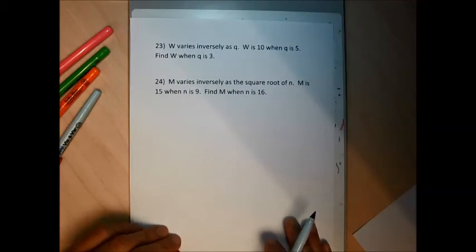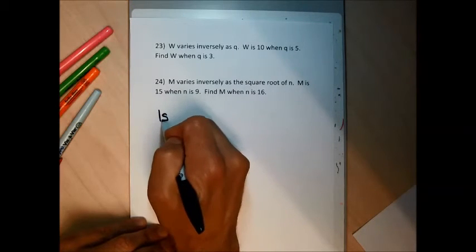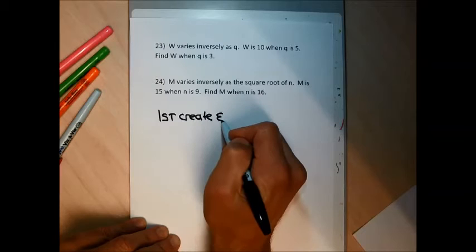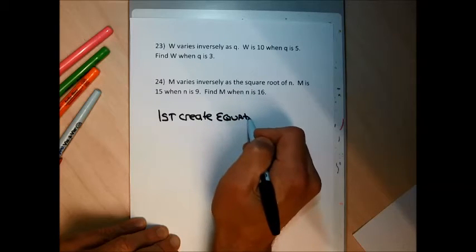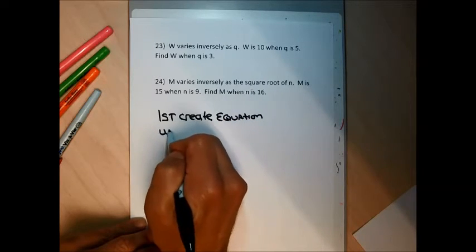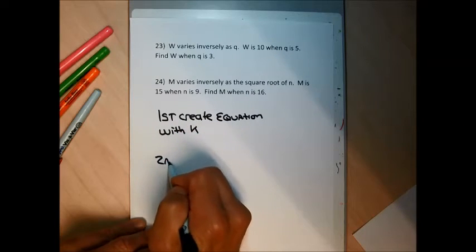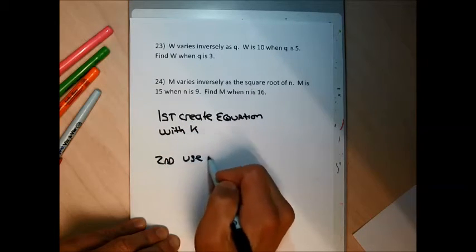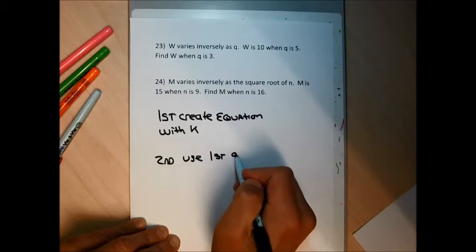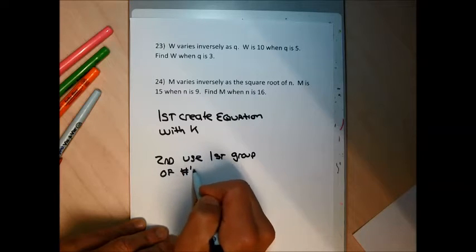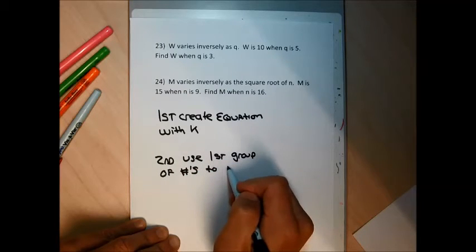So for 24, first, create an equation with a k. Then, second, use the first group of numbers to solve for k.